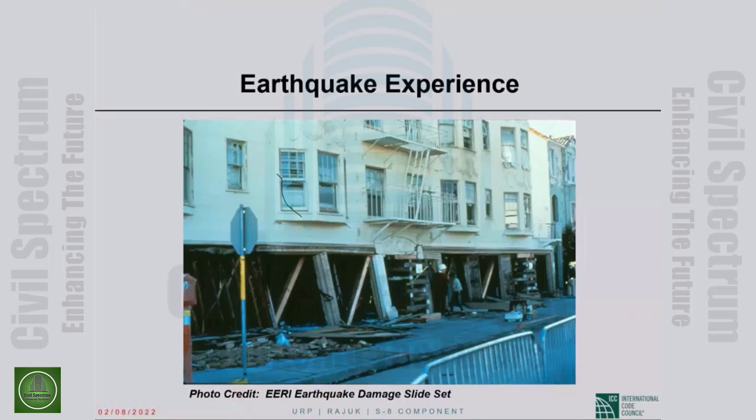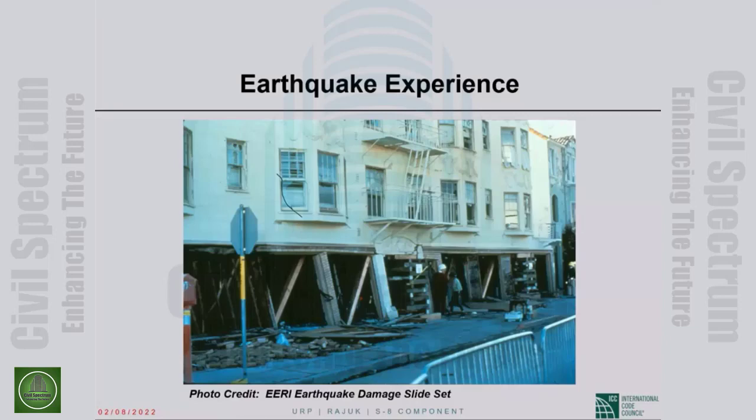The garages were created by removing walls after the buildings had been constructed, and that produced soft stories. And these buildings with soft stories did not do well at all in the Loma Prieta earthquake, as you would imagine.